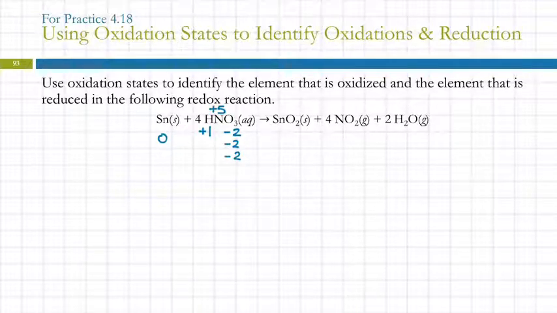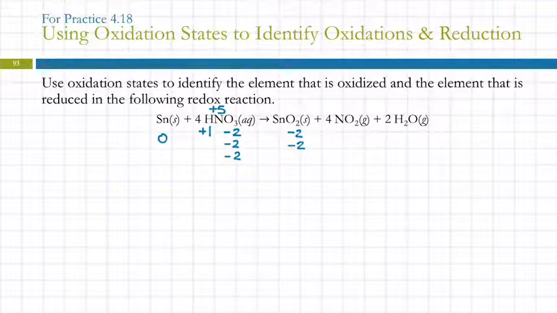So let's look at SnO2. What kind of a compound is that? It's ionic. So we have ions here. We have tin ions and we have oxide ions. What's the charge on an oxide ion? -2. So its oxidation state is -2. There's 2 of them.